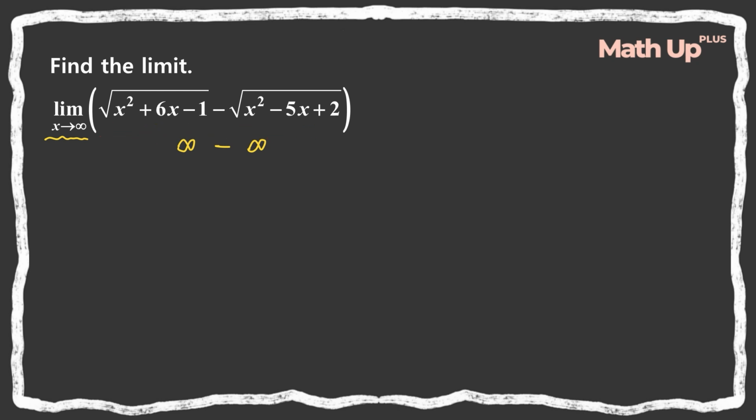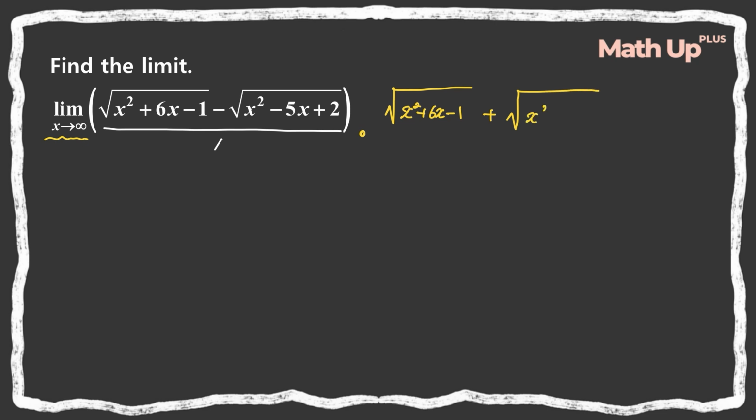So let me erase this and rewrite this expression in fraction form. I'm going to multiply by square root of x squared plus 6x minus 1 plus square root of x squared minus 5x plus 2, over the same expression.